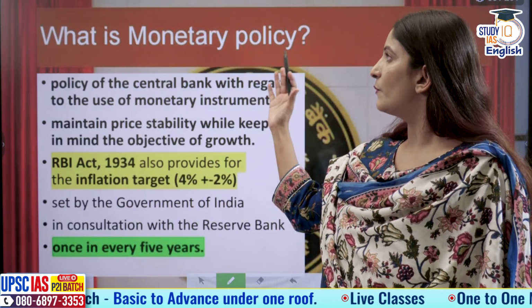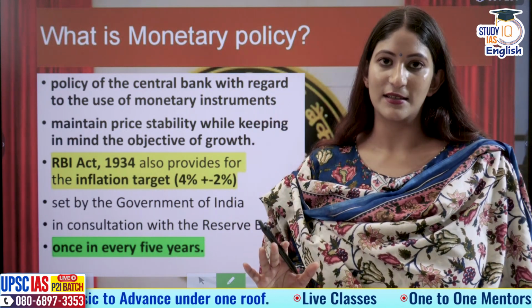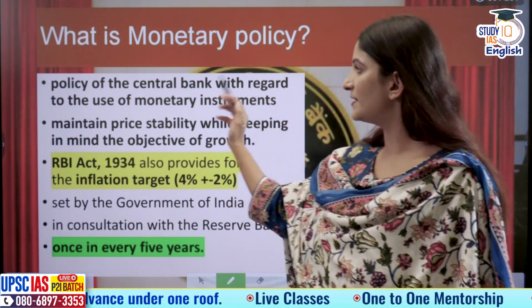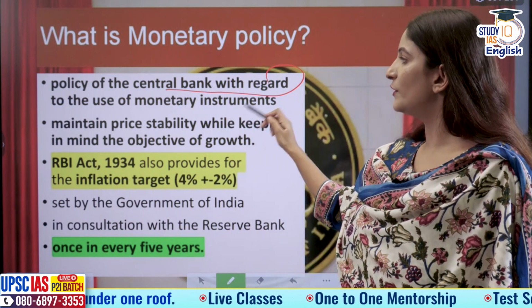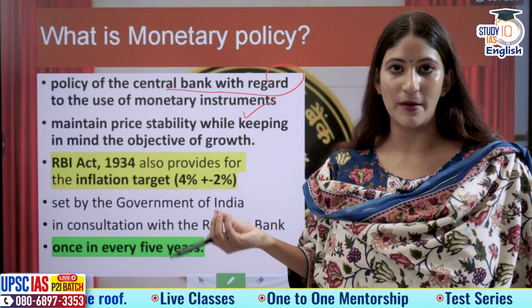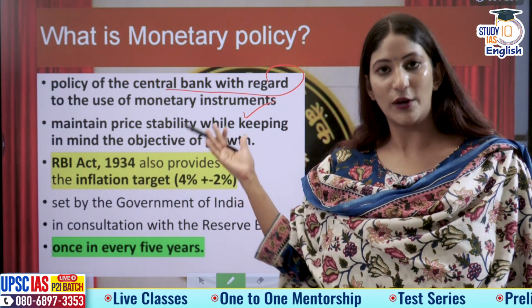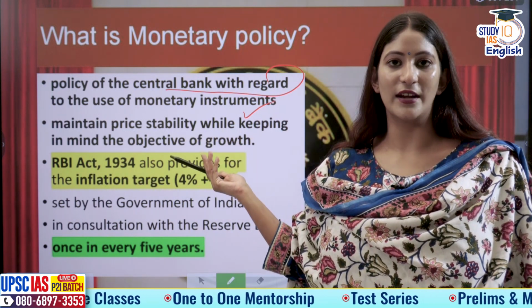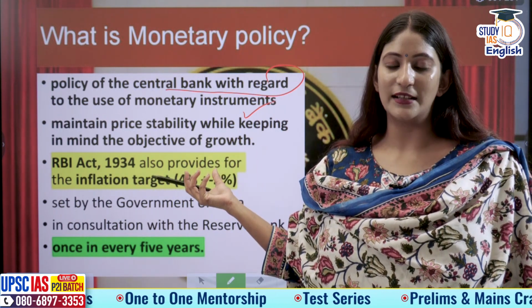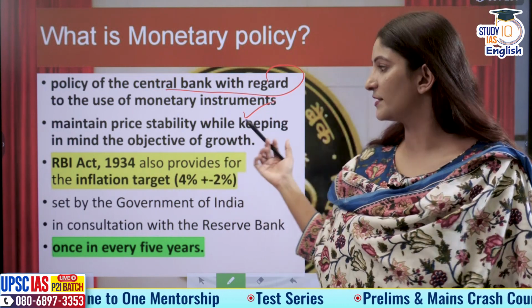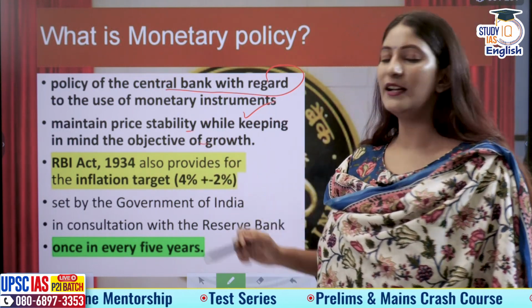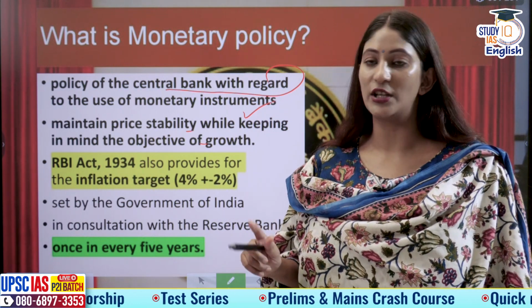Okay, moving on. What is monetary policy? Monetary policy is the policy of a central bank that wants to use monetary instruments such as repo rate. Whatever tools that I told you, fixed rate, then we have bank rate, everything is a monetary policy tool, to maintain price stability while also keeping economic growth in mind.